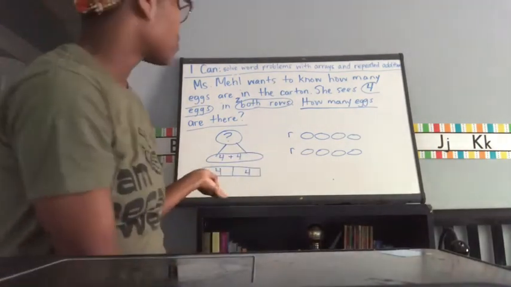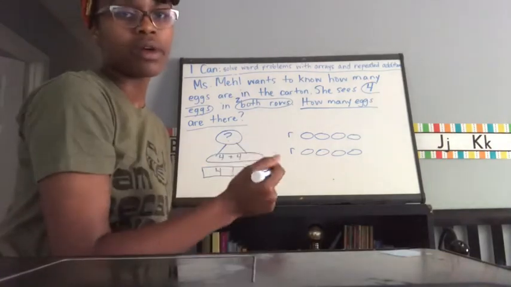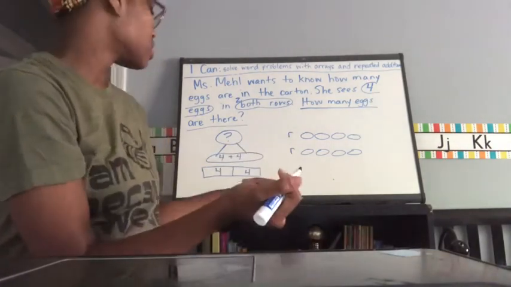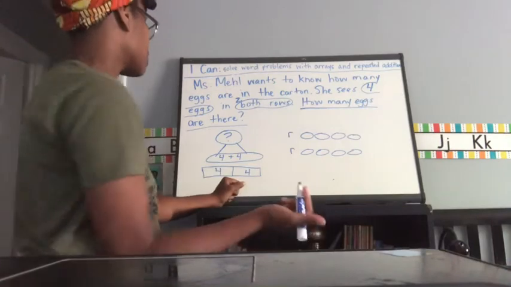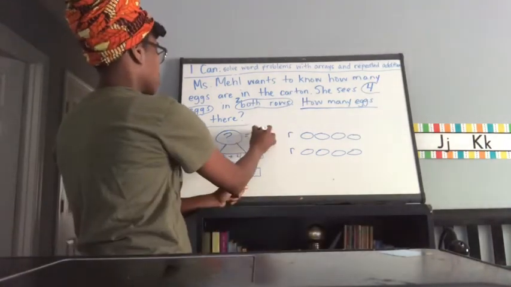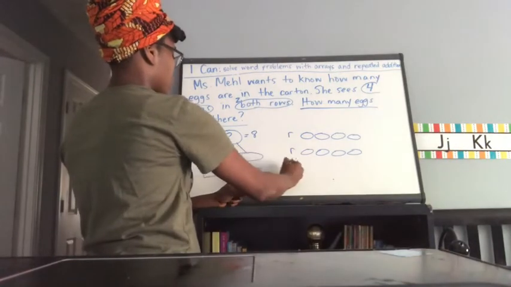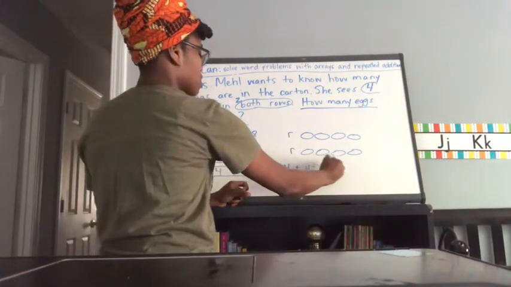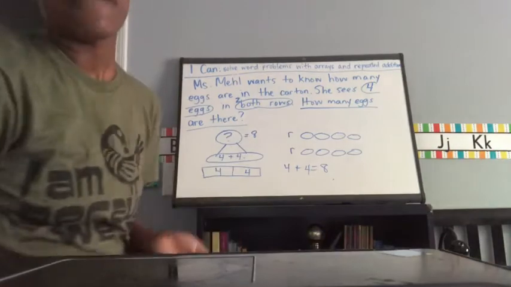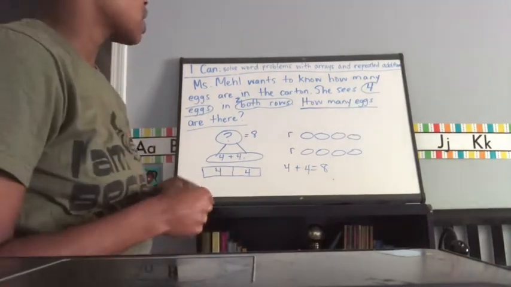What would be the total? You could skip count by 4. You could add 4. 4 plus 4 equals 8. So I know that when I think about my repeated addition sentence, I'm going to use 4 plus 4 equals 8.